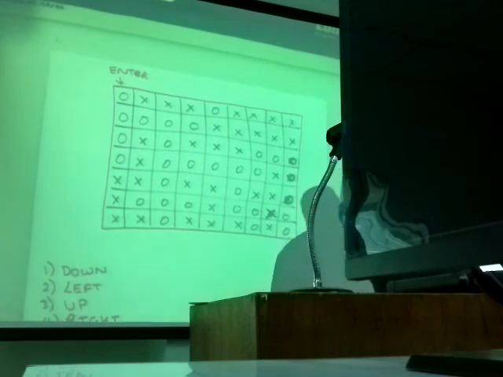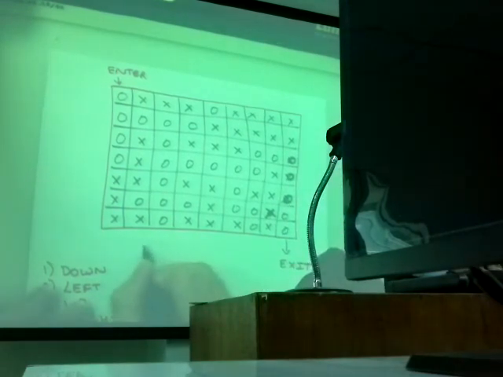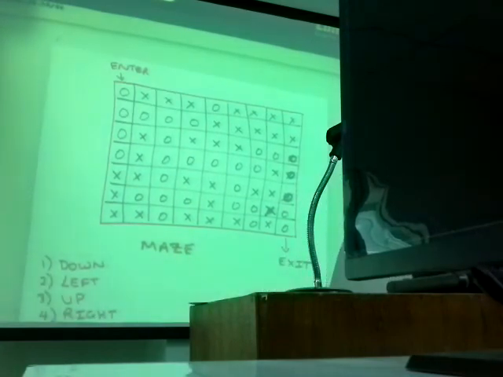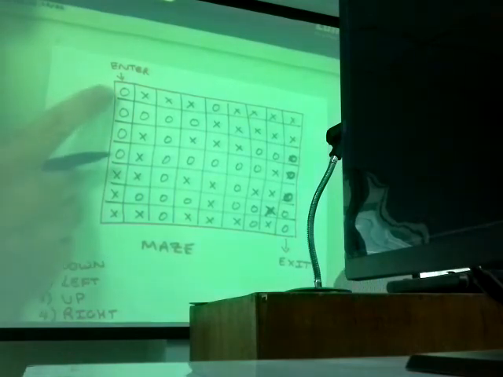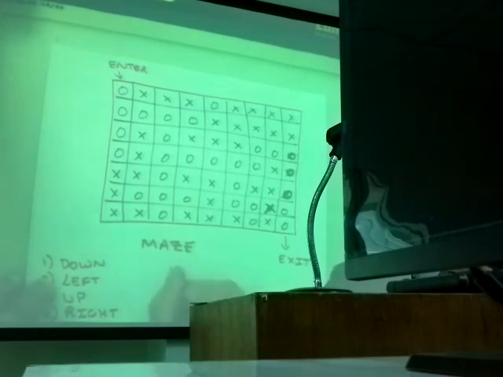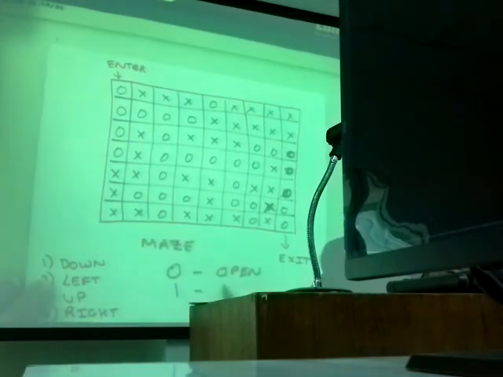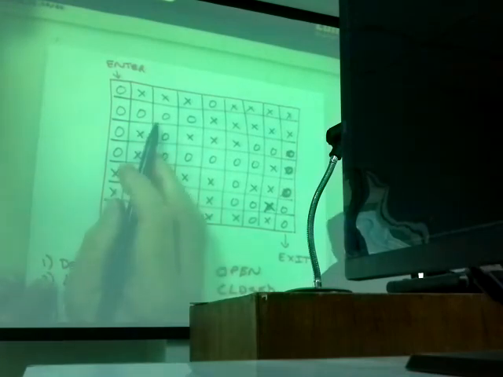Okay, what I've drawn here is what we would call a maze. I don't know whether you know the word maze, but the idea is O is open, and X is closed.